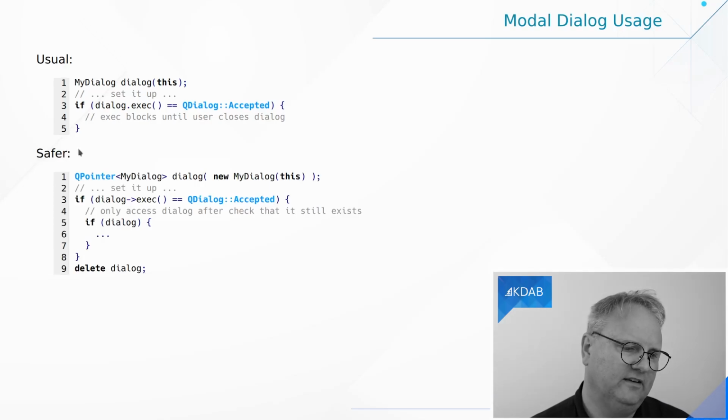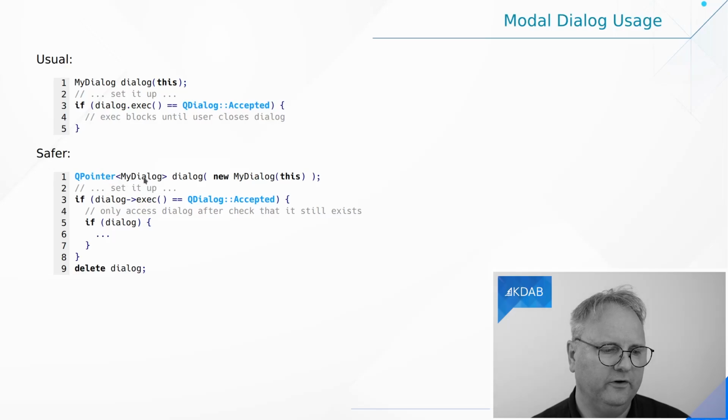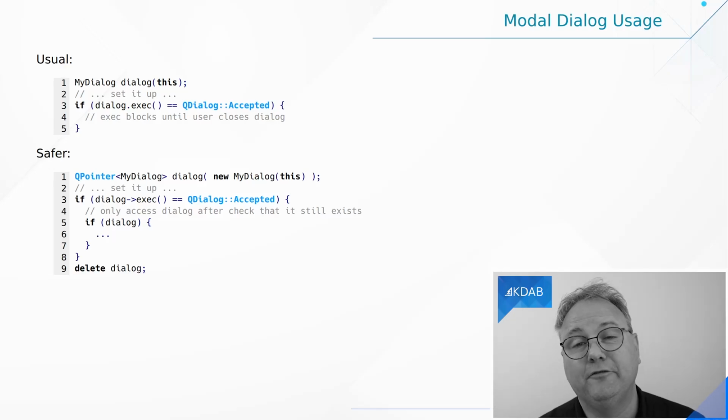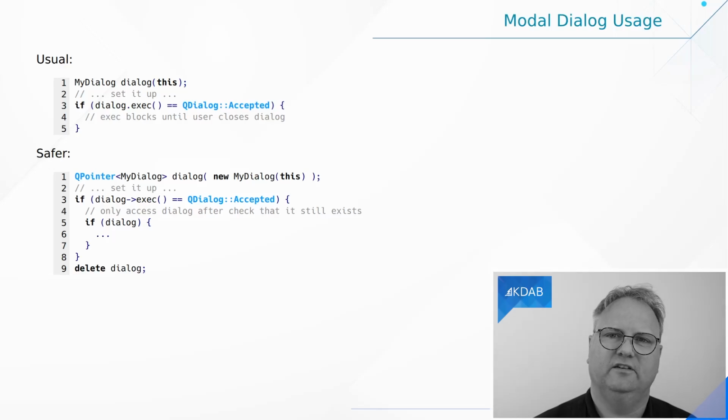So what you see here is I have an instance of a QPointer around my dialog. And QPointer is not just an old version of a std unique pointer. QPointer is actually a bit more, well, it's different at least. What QPointer does is that it connects to the one and only signal that QObject has, namely destroyed.